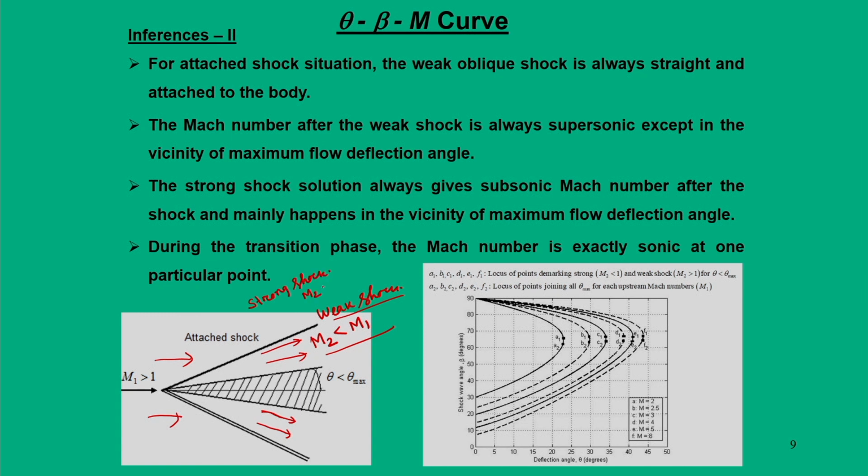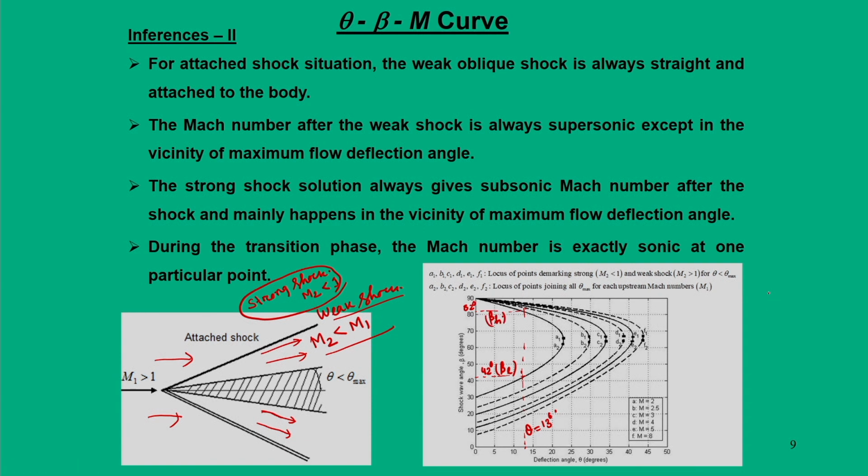But if you take a strong shock, your M2 will be subsonic. For example, as I mentioned, for a flow deflection angle of about 13 degrees, we have two solutions, one weak, for which we have beta lower, and one strong, for which we have beta higher.